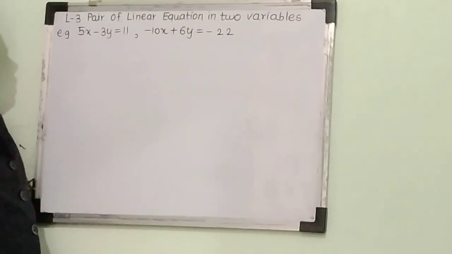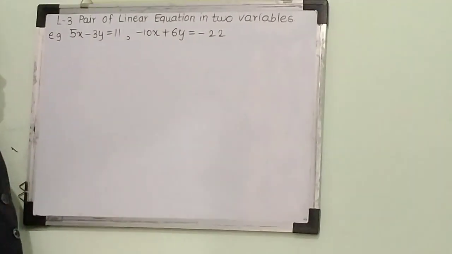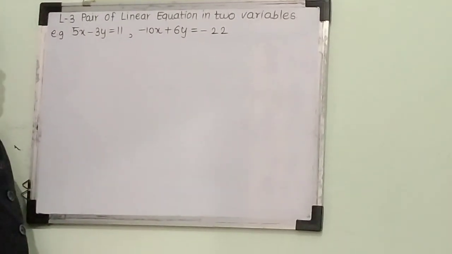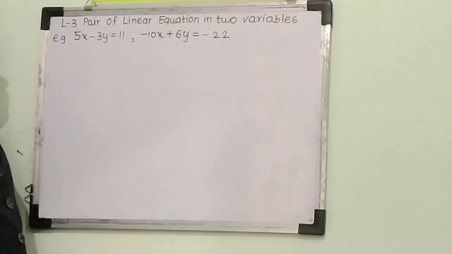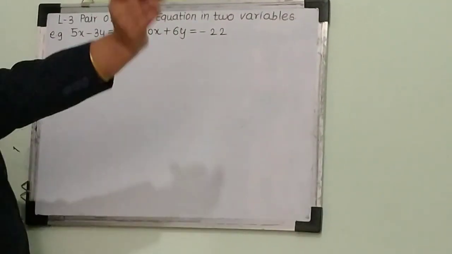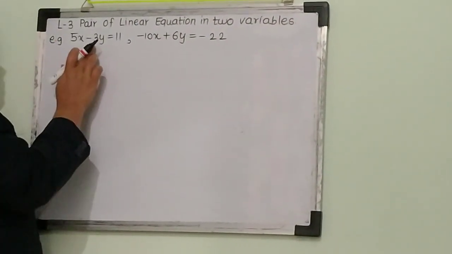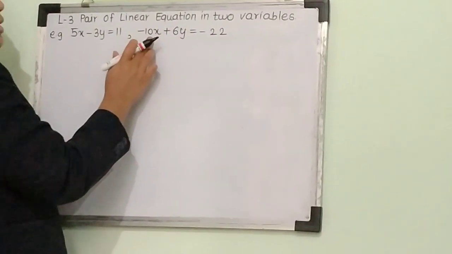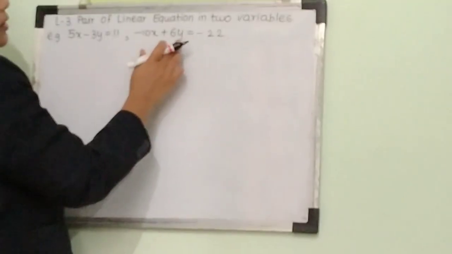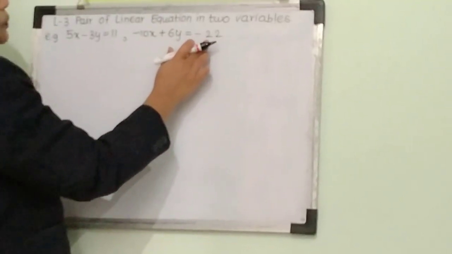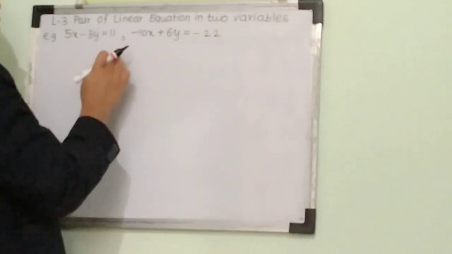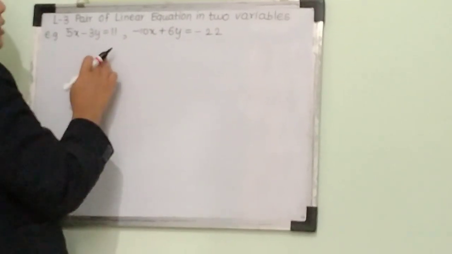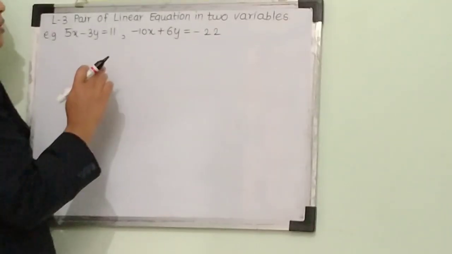Now see one example of consistency of the given linear equations. I am writing one example, 5x minus 3y equals to 11 and minus 10x plus 6y equals to minus 22. So we have to check whether the given pair of linear equations is consistent or not.